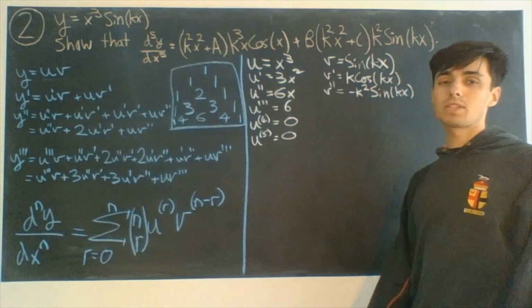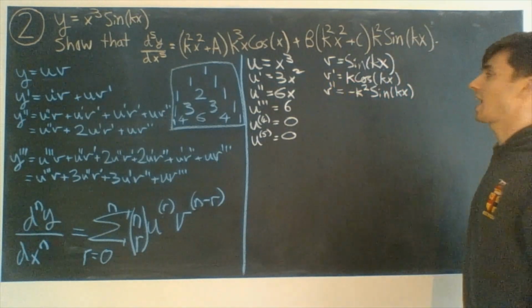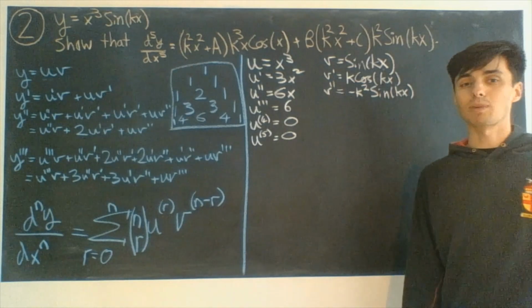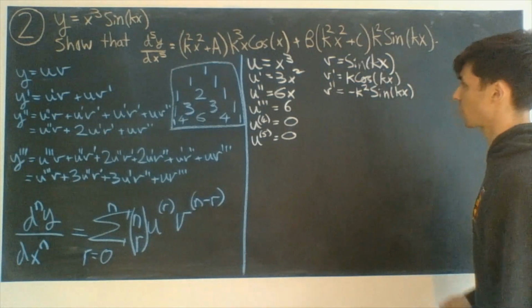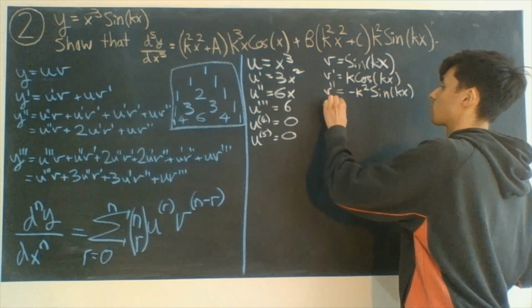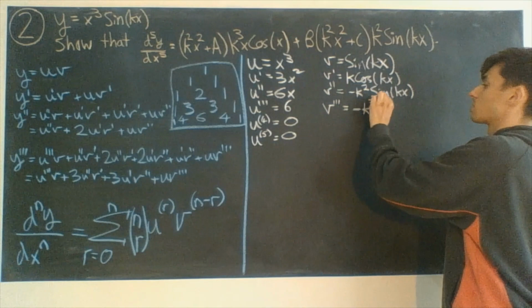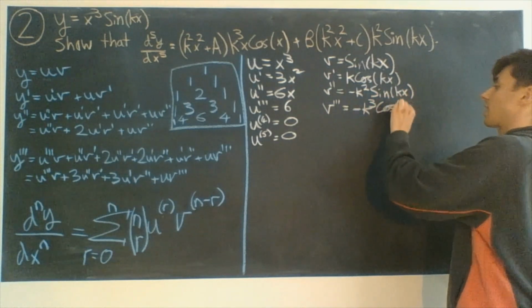And we know that when we're differentiating sine or cos, another power of k, or that function in the brackets, is just going to pop out each time. So the third derivative of v, 1, 2, 3, will be minus k cubed cosine kx.